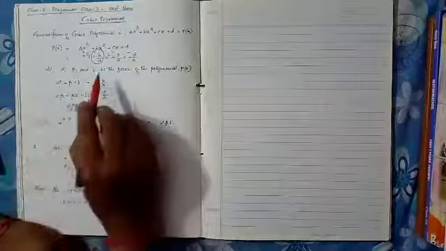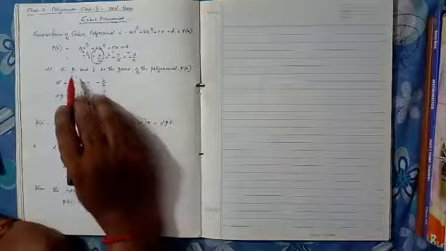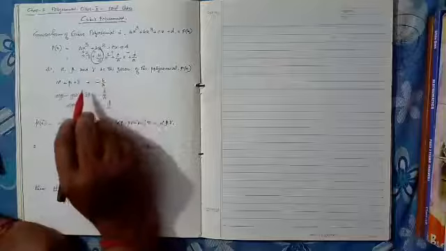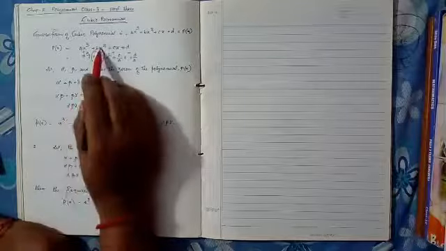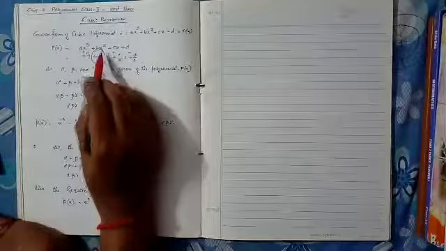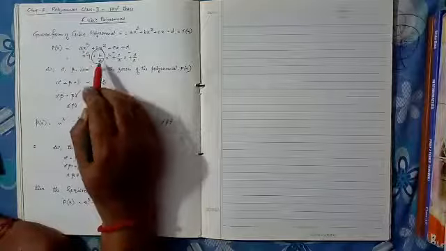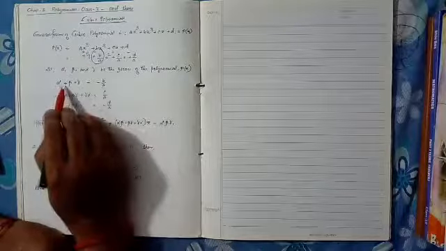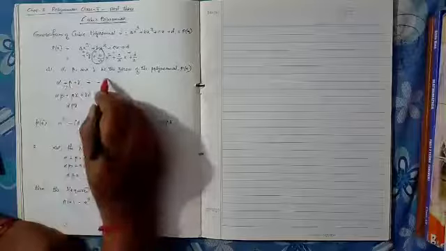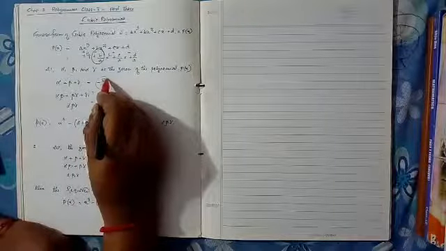Now if the cubic polynomial has three zeros alpha, beta and gamma, then minus b by a is called the sum of the zeros. That is, alpha plus beta plus gamma is equal to minus b by a.